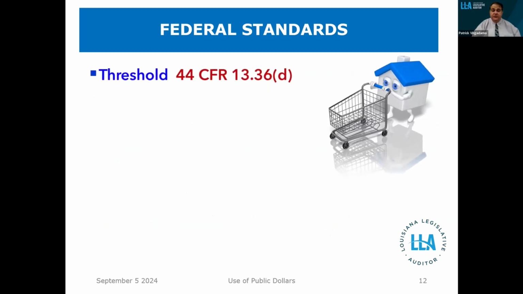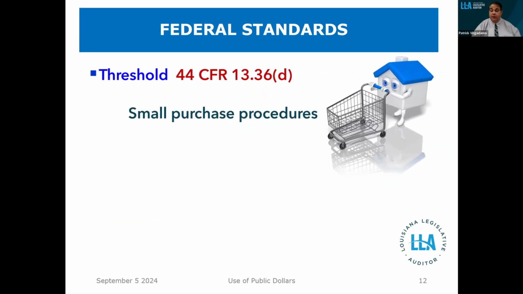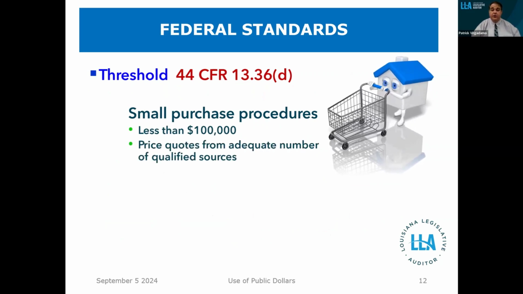Now, the thresholds under 44 CFR 13.36 for all those local governments: you have small purchase procedures, which are anything less than $100,000, and for those you're required to get price quotes from an adequate number of qualified sources. This is going to be similar to your procedures under public bid law, for that 30 to 60 range, where you're getting at least 3 quotes.